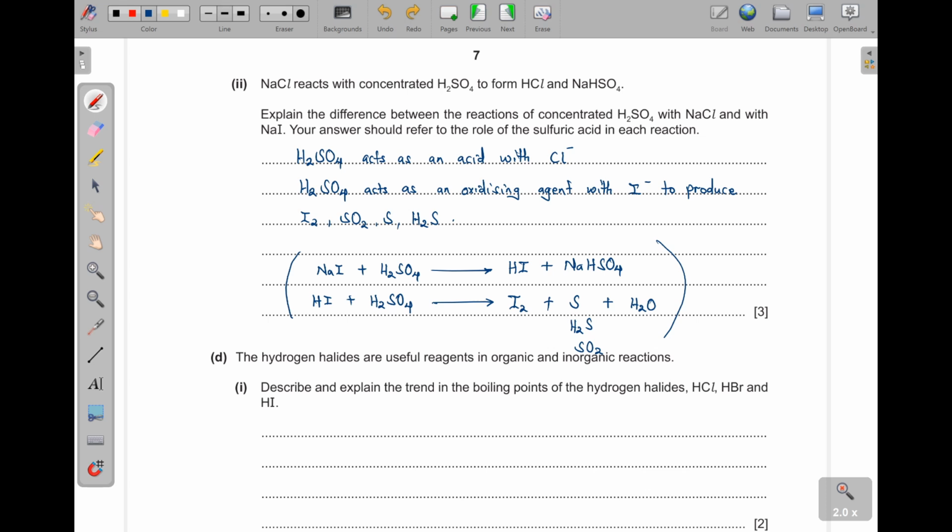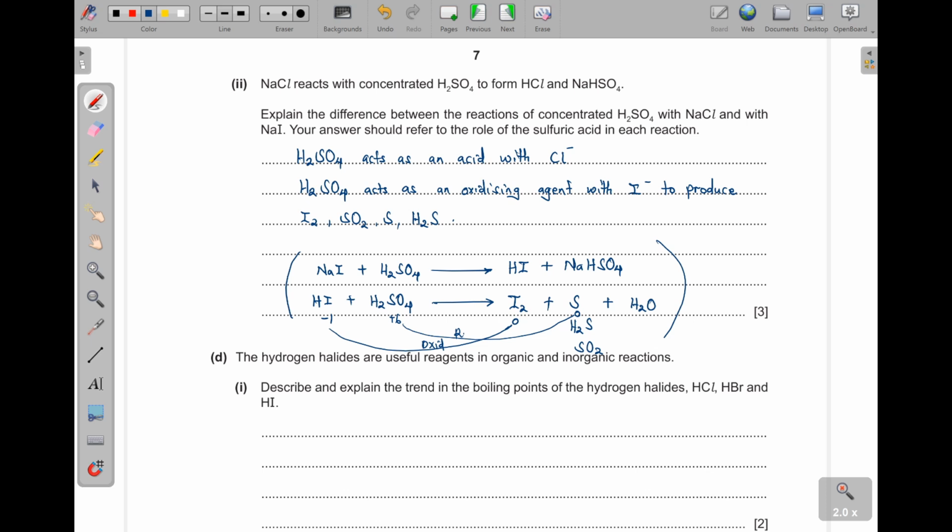So you can see here that we have -1, but then this one becomes 0. Sulfur here, the oxidizing agent, the oxidation number is +6, and then here it is 0. So this one has been reduced, right? And this one, there is an increase in oxidation state, so it has been oxidized.